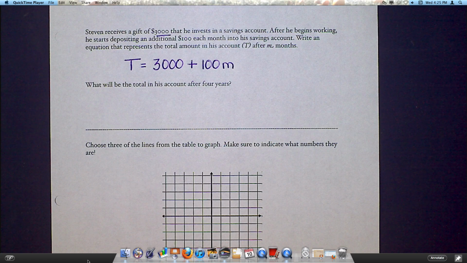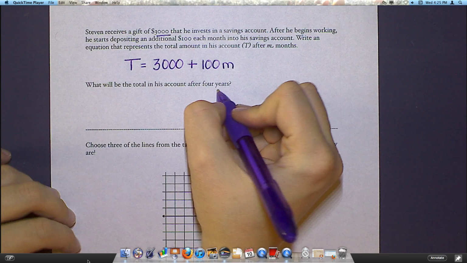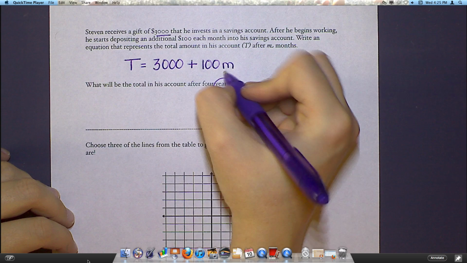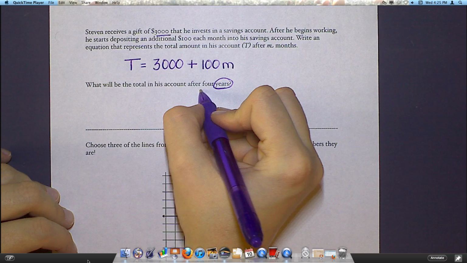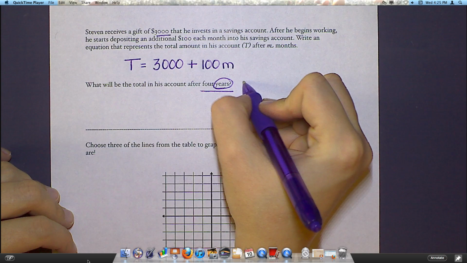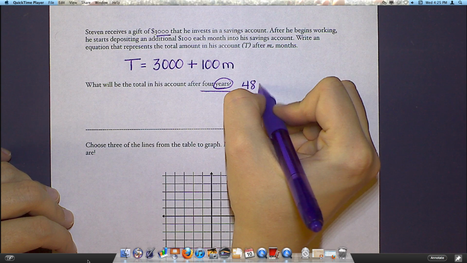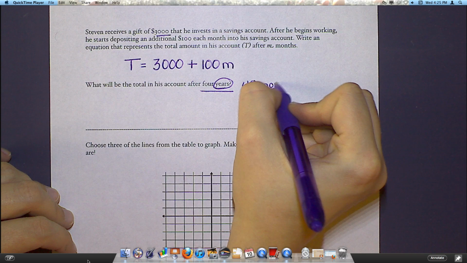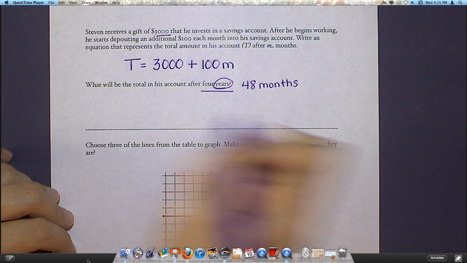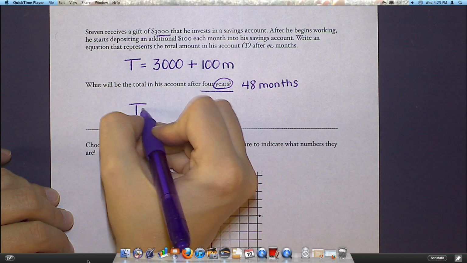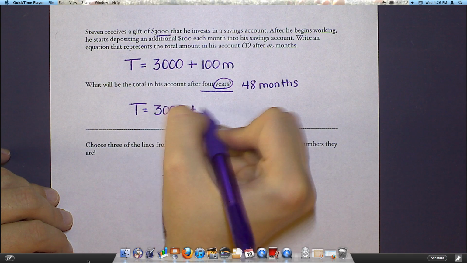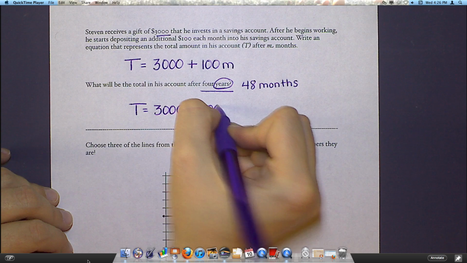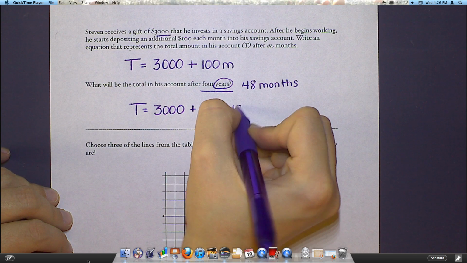Now it says the total in his account after 4 years. The one thing I would be very careful about here is that this is in years and my m is in months. Okay? So 4 years, 4 times 12 is 48 months. So when I go to plug this in, I would do 3,000 plus 100 times 48.